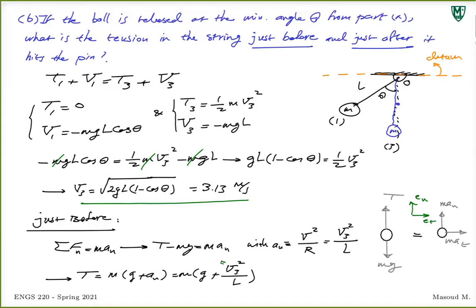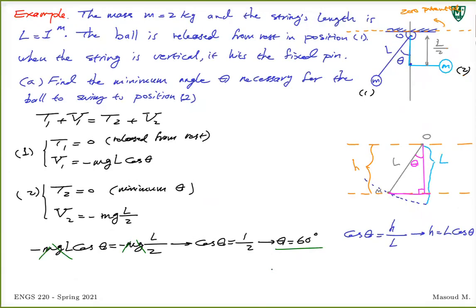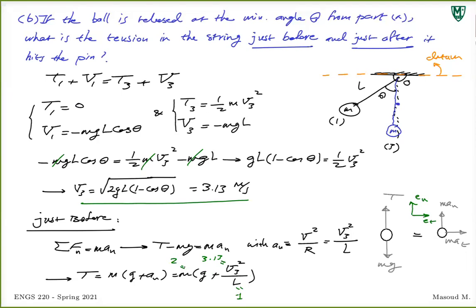V3, you found before, is 3.13. L is 1. M is given somewhere, if I'm not wrong. M is 2 kilograms. Just plug in the values. From there, you can find the tension in the string. That will give you 39.2 newtons.